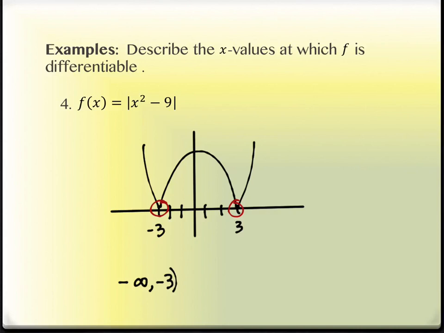It doesn't work at negative 3. So I have parentheses on those. I'll put a union. Union means it's joining it to the next piece. And then I start back up right after it doesn't work, it works again. From negative 3 to 3. And another union from 3 to infinity. And it's differentiable in all those places.